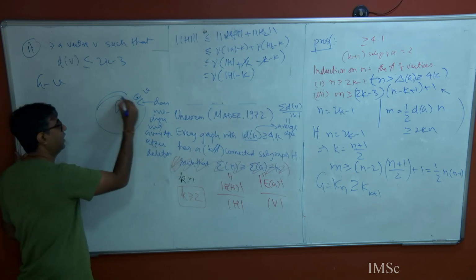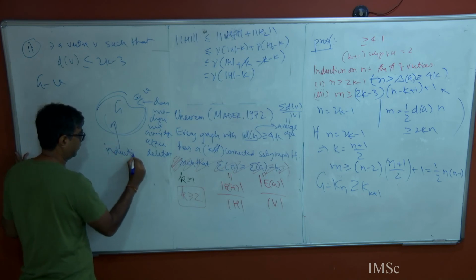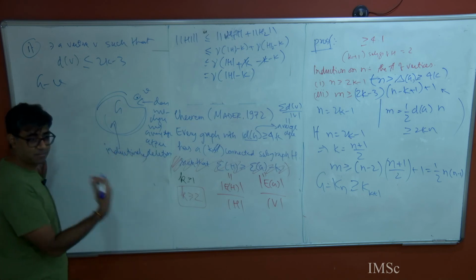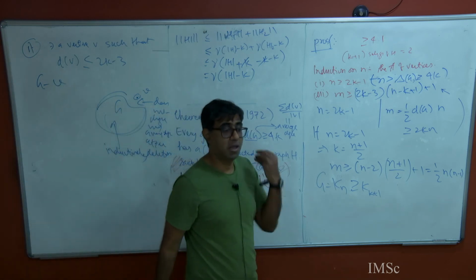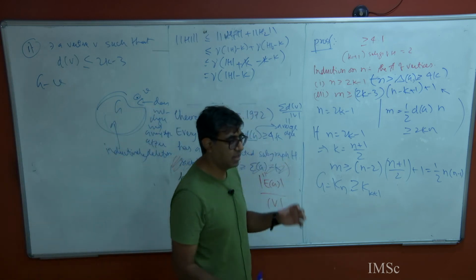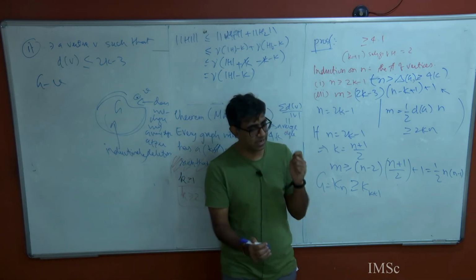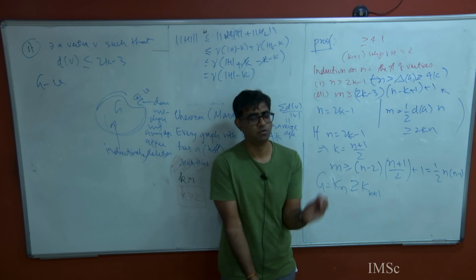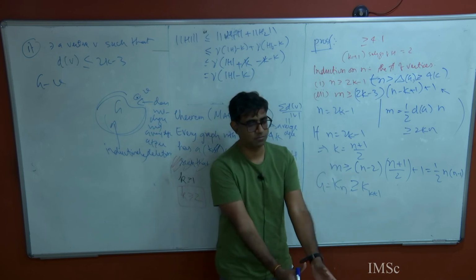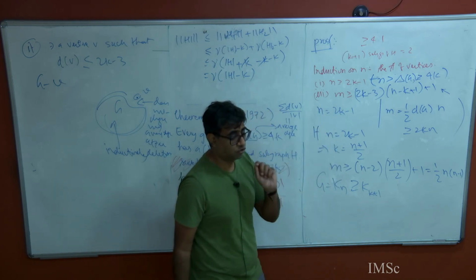Delete it, apply induction on this. So that's my idea. All these numbers and everything are for the math to go through. But the idea is: if there is a vertex which I delete and my average degree remains the same, then that's a good vertex to delete. Inductively, that object has an answer, and we have done the base case. So that's a good vertex.